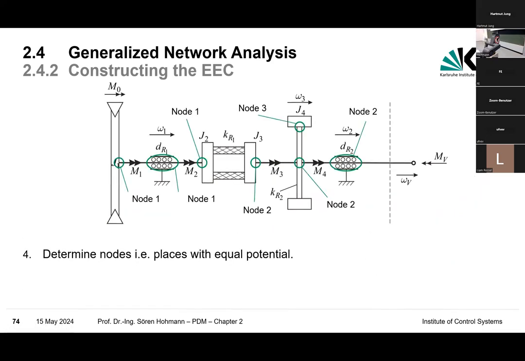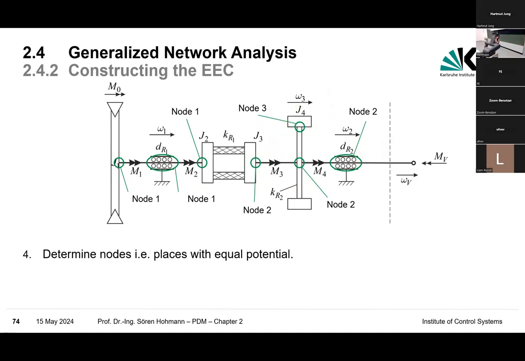And with that, now I define nodes, which is given here. I try to attach to every position nodes. Node 1 is given here. So corresponding to omega 1, a node corresponding to omega 3 and omega 2.